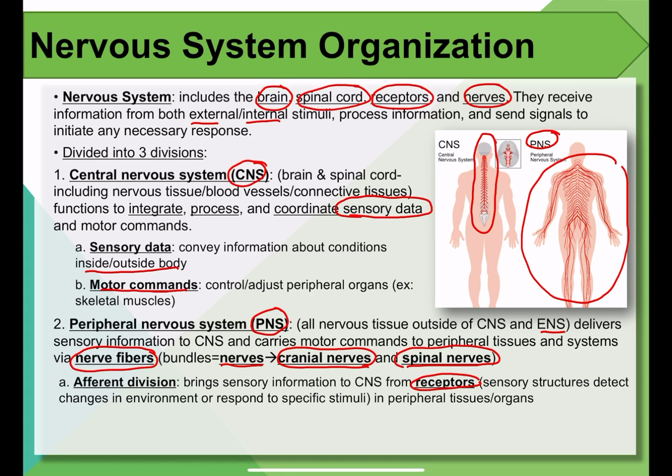We'll talk about some of these receptors when we get to chapter 15, but these are usually sensory structures that detect changes in the environment or respond to a specific stimulus. For example, we talked about Pacinian corpuscles and Meissner's corpuscles. Those are all sensory receptors that send information towards the afferent division of your peripheral nervous system to send that sense of temperature, pain, and pressure towards your brain.